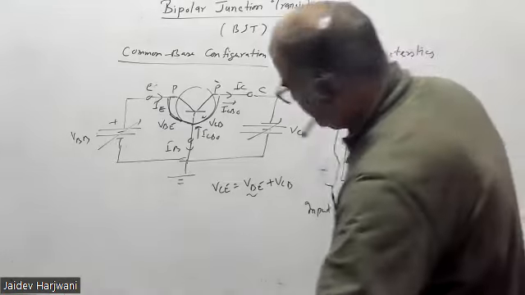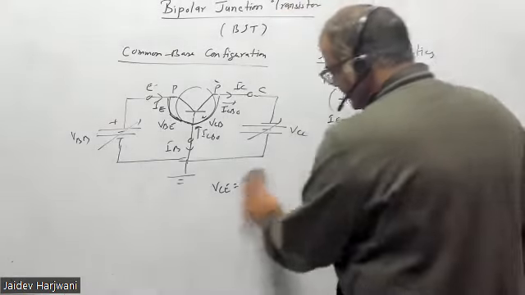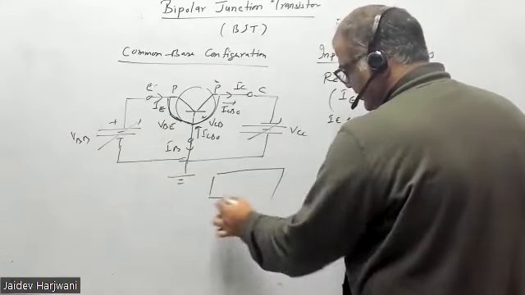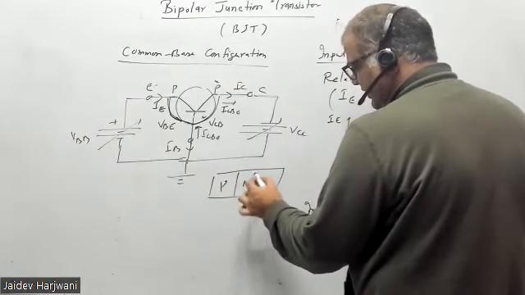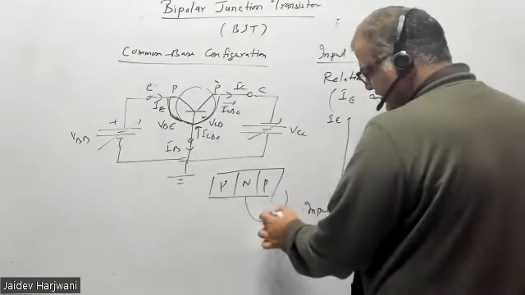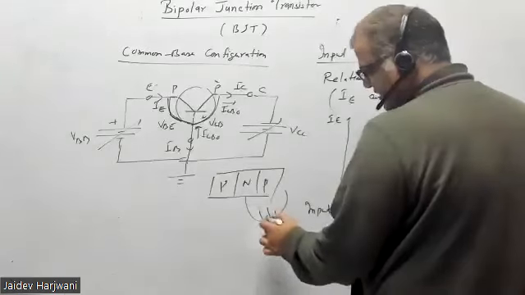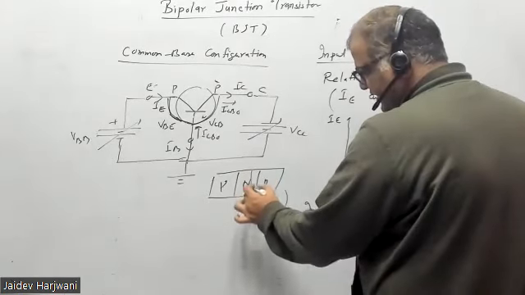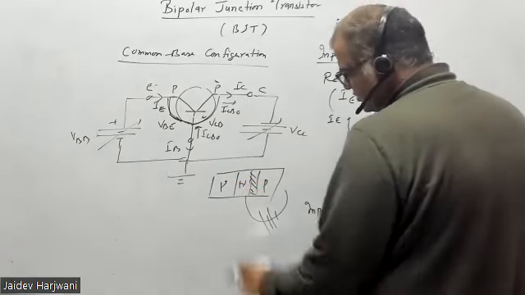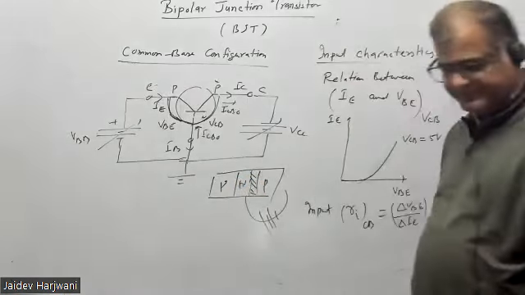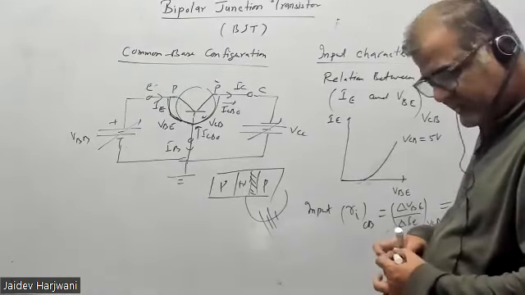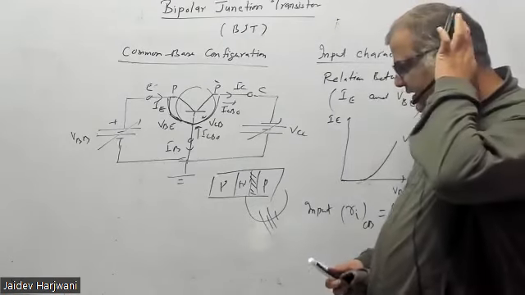In another manner, what I'm trying to say is, whenever you increase the VCB, there is a junction. This junction is called P and P. If you make this junction reverse biased, the depletion layer width will increase, so your base becomes thinner. Base becoming thinner means what will happen?